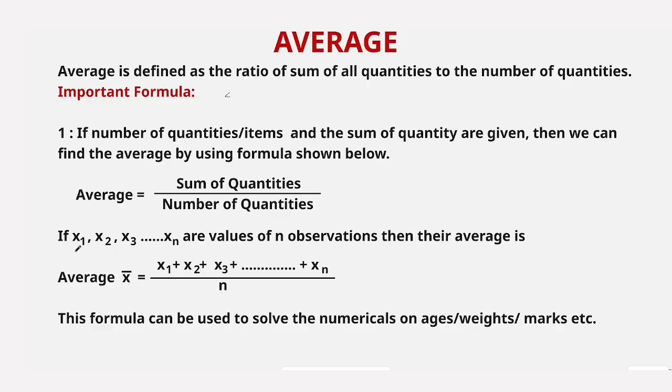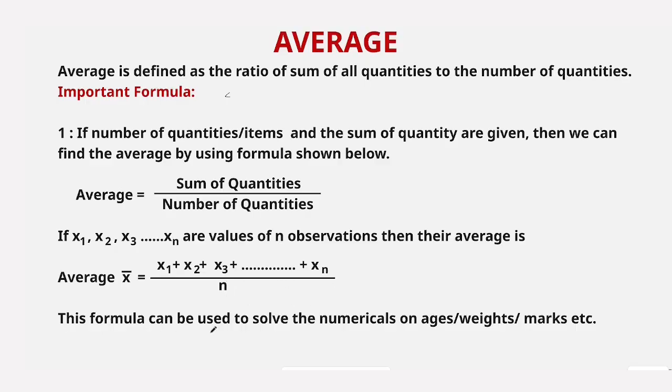If x1, x2, x3 up to xn are values of n observations, then their average, which is usually denoted by x bar, equals x1 plus x2 plus x3 plus, and we go on adding up to xn, divided by number of observations n.